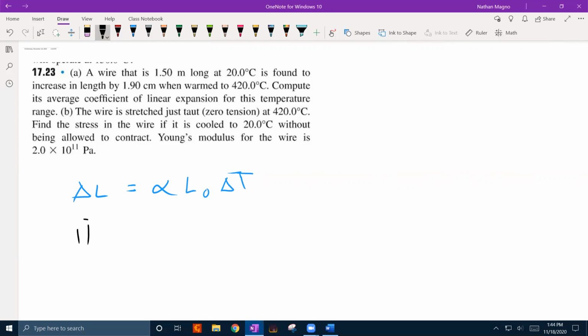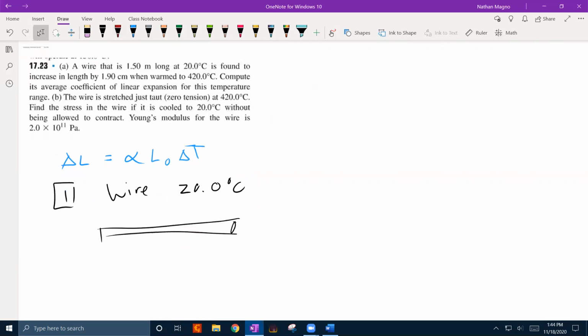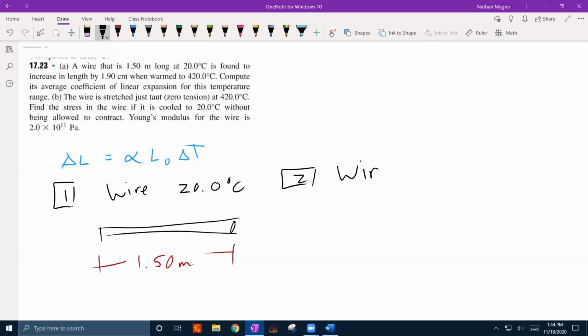But let's draw the free body diagram. So this is a wire at 20.0 degrees Celsius. And situation 2: now the wire is at 420.0 degrees Celsius.